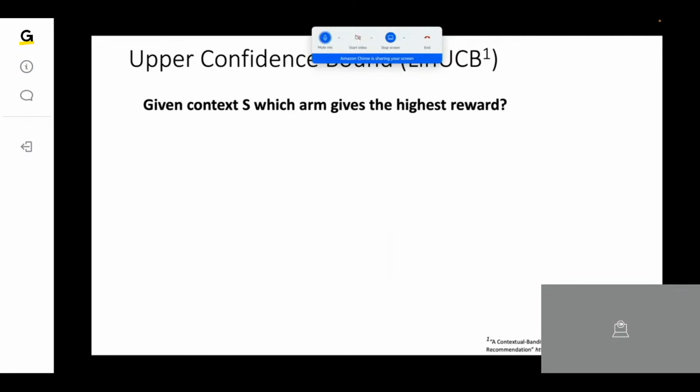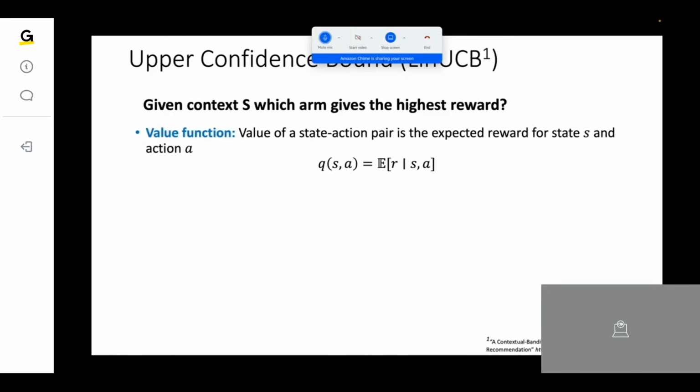Coming to upper confidence bound, we look at a particular form of the UCB called Linear UCB. So here the goal, given the context, is to determine which arm gives the highest reward. In order to do that, we would need to ask the question, which arm has the highest UCB? We'll define a value function, which is similar to what we had done earlier, except that now it's conditioned on the state or context as well as the action.